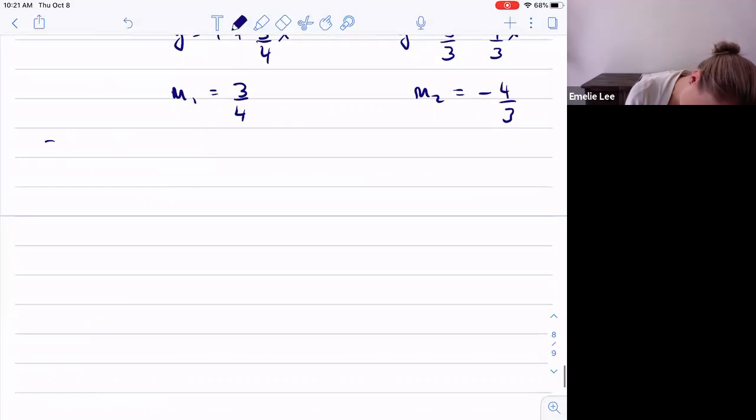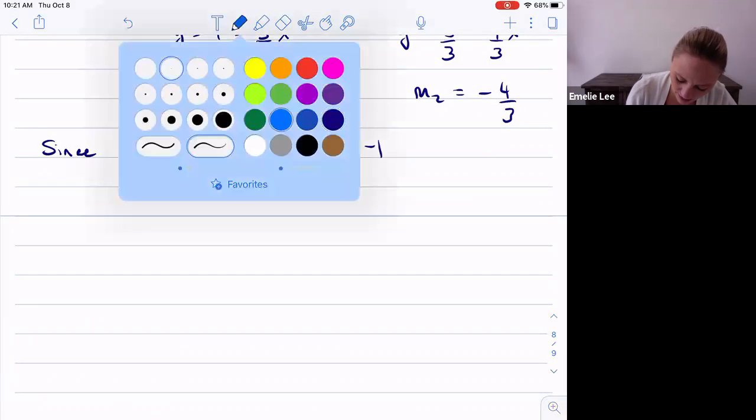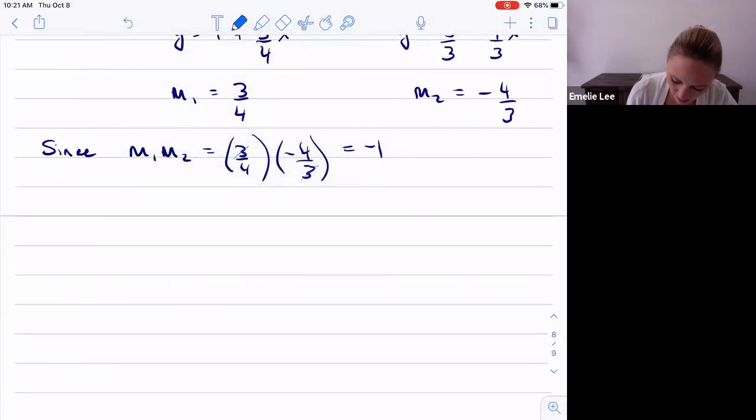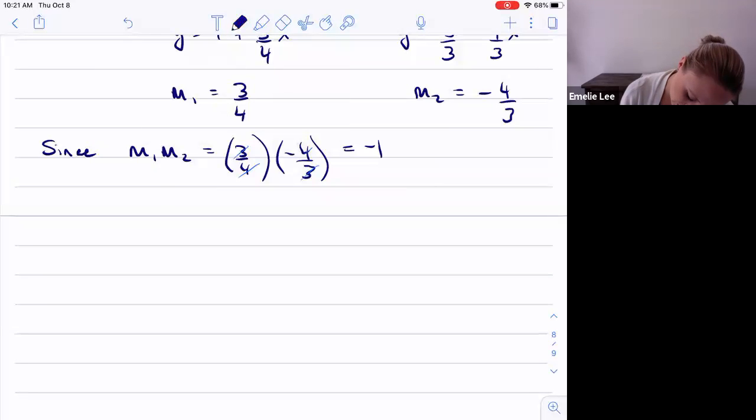So what I'm going to say is, since m1 times m2 is 3 over 4 times negative 4 over 3 equals negative 1, because 3 and 3 are going to cancel, 4 and 4 are going to cancel, and I'm just left with negative 1 over 1, which is negative 1. These two lines are perpendicular.